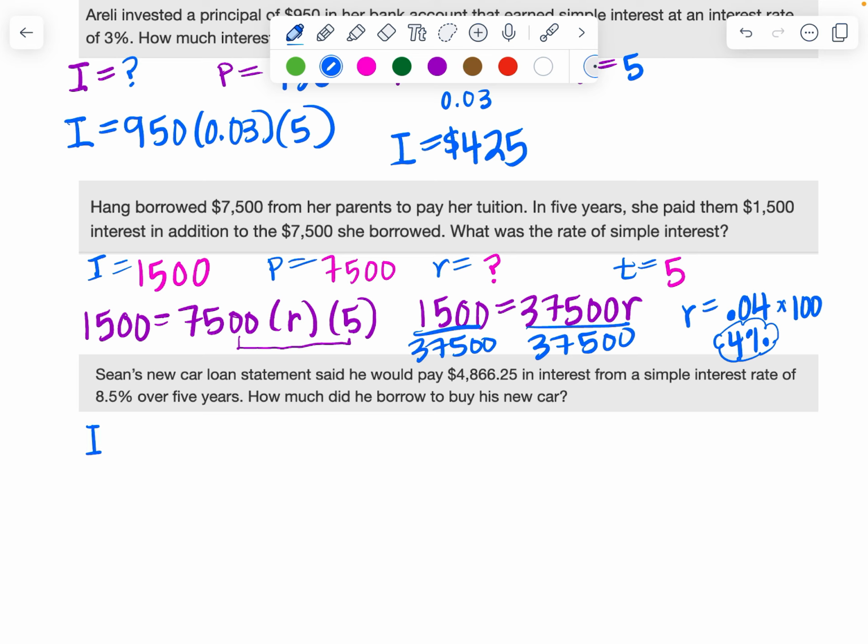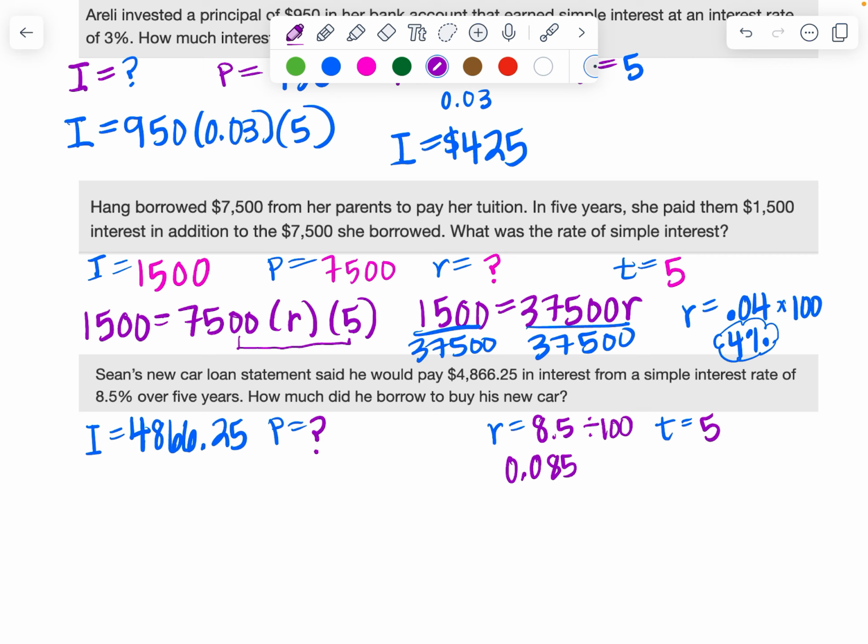All right, one more. I, P, R, T. Sean's new car loan statement said he would pay $4,866.25 in interest. So 4,866.25 is our interest at a rate of 8.5%. So if we do 8.5 divided by 100, we get 0.085 over 5 years.